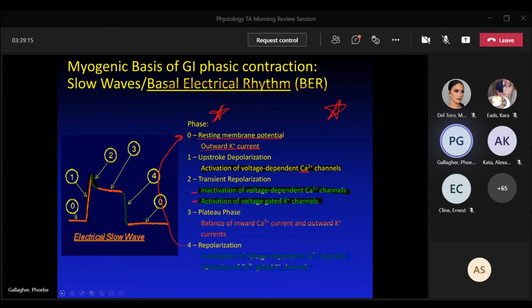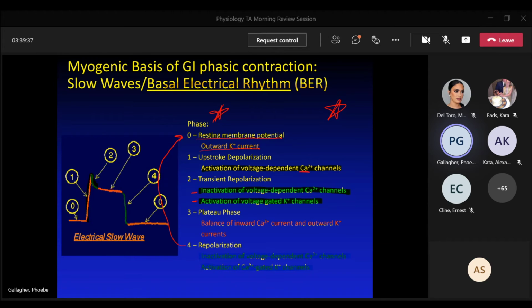Yeah, I see what you mean. I think during the plateau phase, what's going on here is that you have just started to inactivate your calcium channels. So you still have some calcium channels that are open because they were significant before.